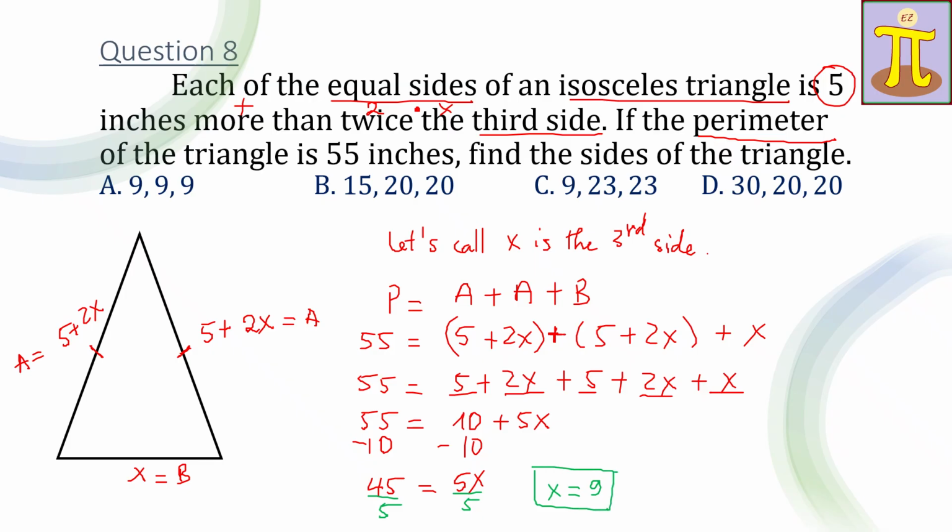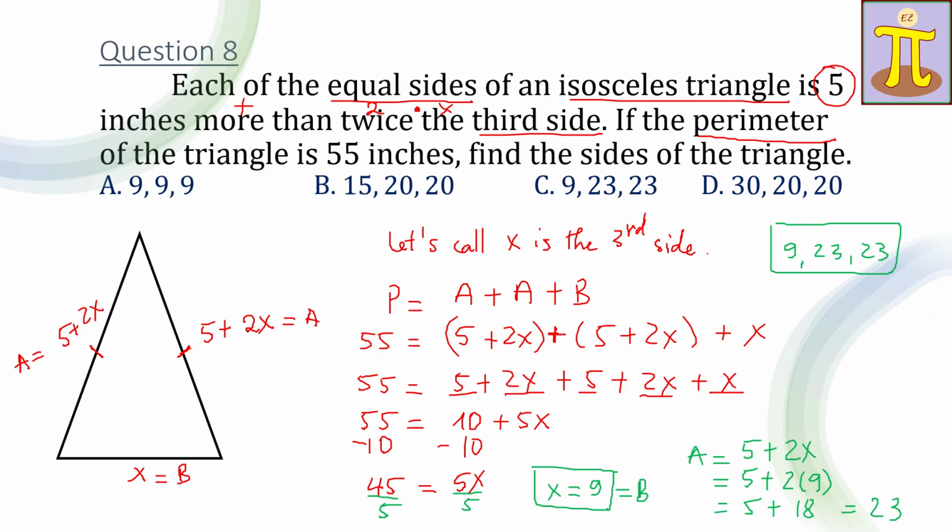Now x equal 9, so we can find the two sides A and B. Side A will be equal to 5 plus 2x, and x is 9, so 2 times 9 is 18. 5 plus 18, that is 23. So we will have 9, 23, and 23.